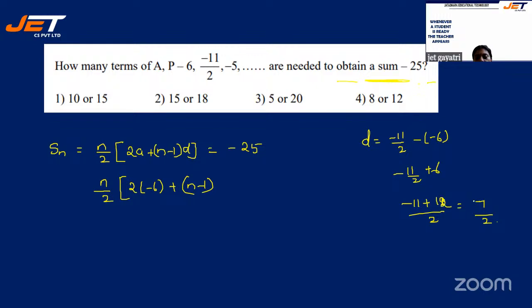So plus 12 minus 11 is 1, so it becomes half. So d is half.